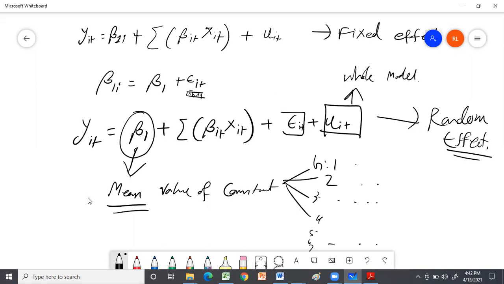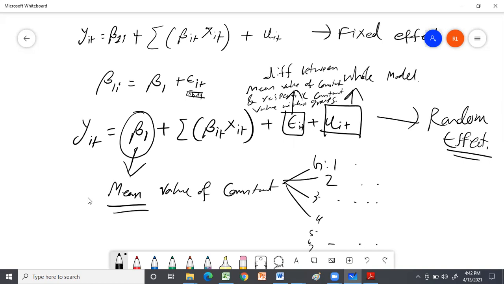But this error term is the difference between the mean value of the constant and the respective constant value within the group.